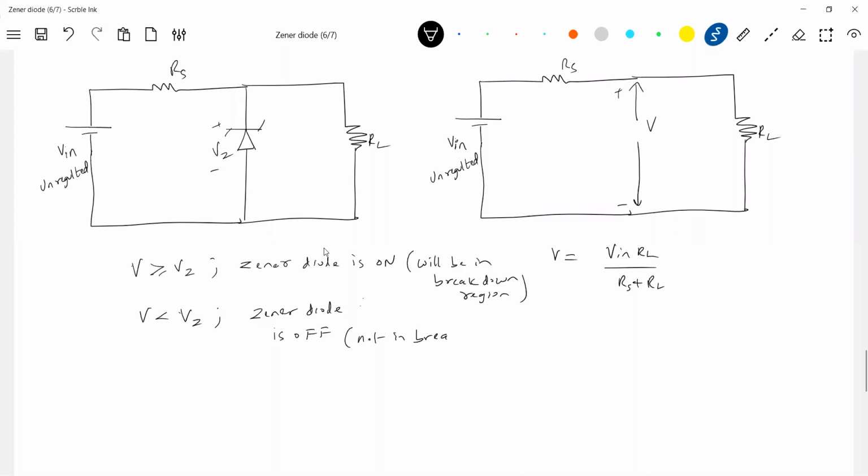Off means not in the breakdown region. There's one primary way of checking whether the Zener diode is suitable or not. So what to do? Remove the Zener diode and check the drop across the load, because whatever the drop across the load, that will drop across the Zener diode, no? Do I agree with this? I could have written VL, I'm just writing only V.